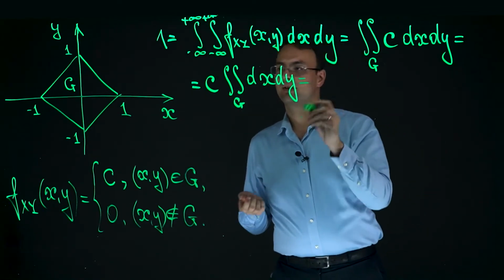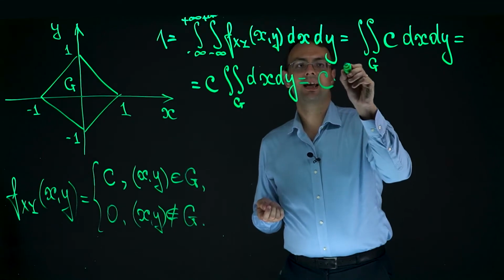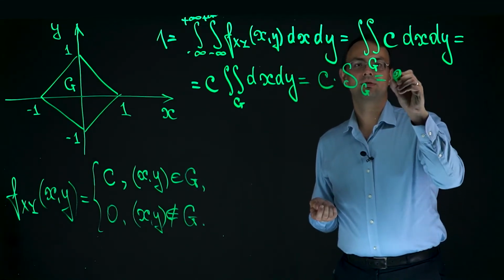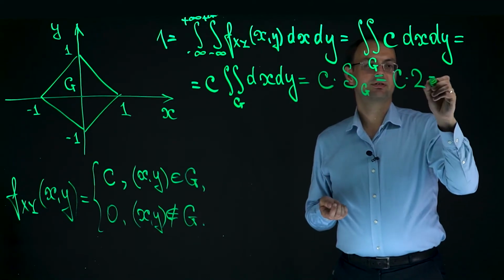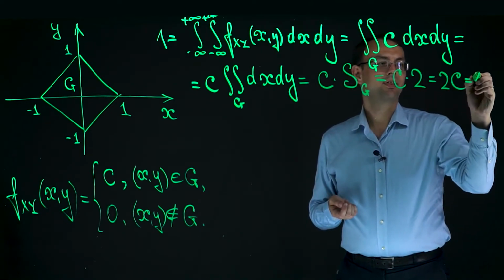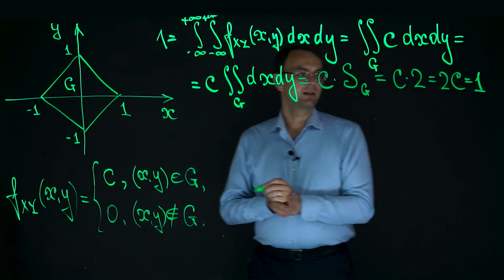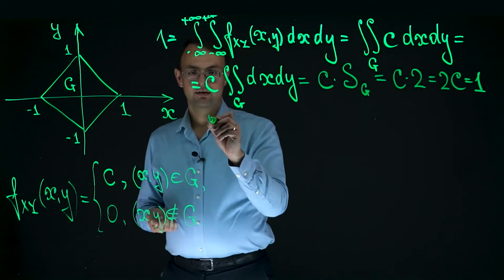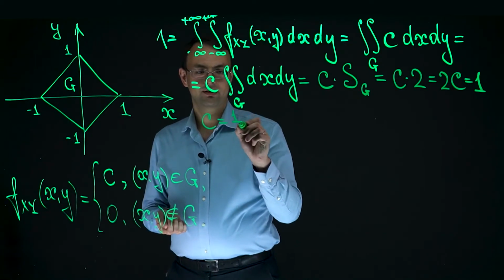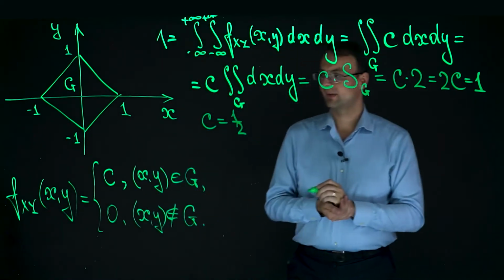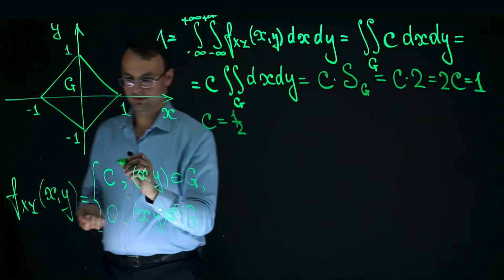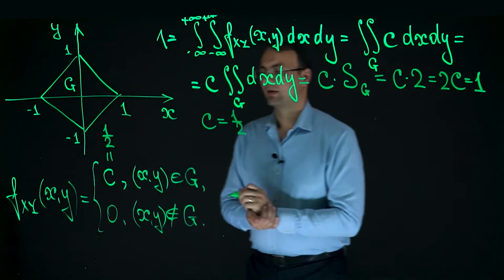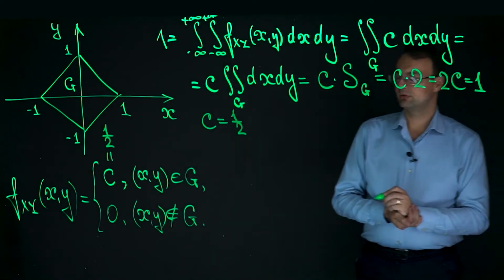So this is C times the area of G, and this area is equal to 2. So this is 2C, and this is equal to 1. That means that C is 1/2. So we have found the unknown constant.